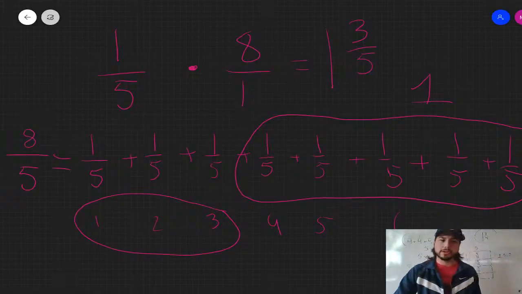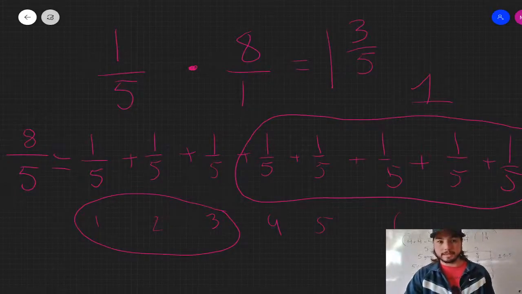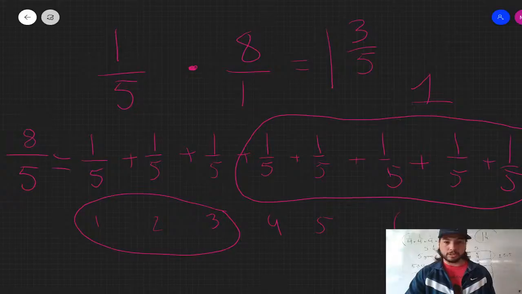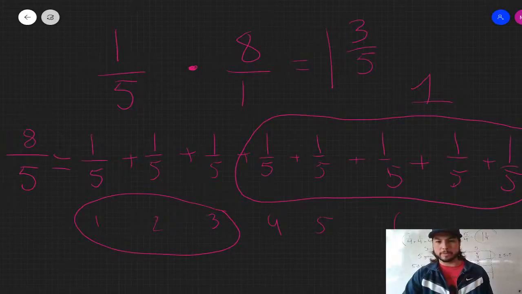Okay, big key here is remembering that when you're adding and subtracting fractions, the denominator stays the same. They're all fifths, right? If we're imagining that each of those fifths is a pack of M&Ms, right? 1 pack, 2 pack, 3 pack, 4 pack, 5 pack, 6 pack, 7 pack, 8 pack. 8 packs of M&Ms, right?